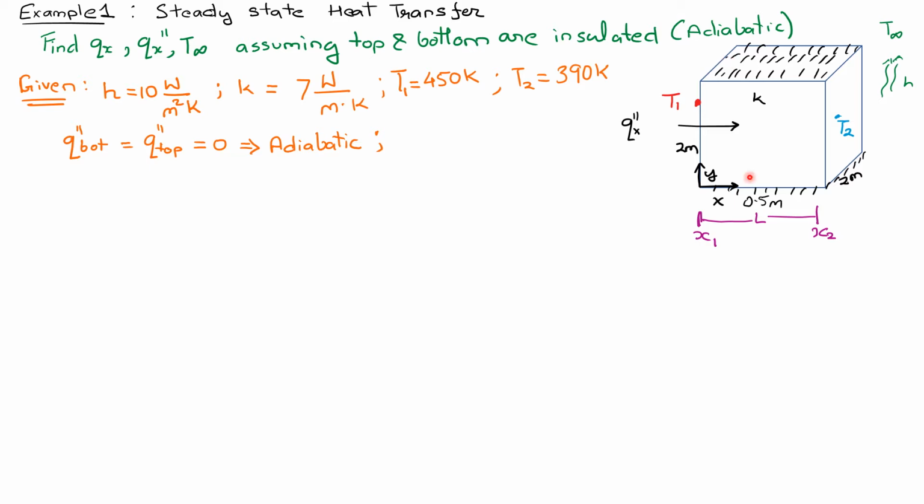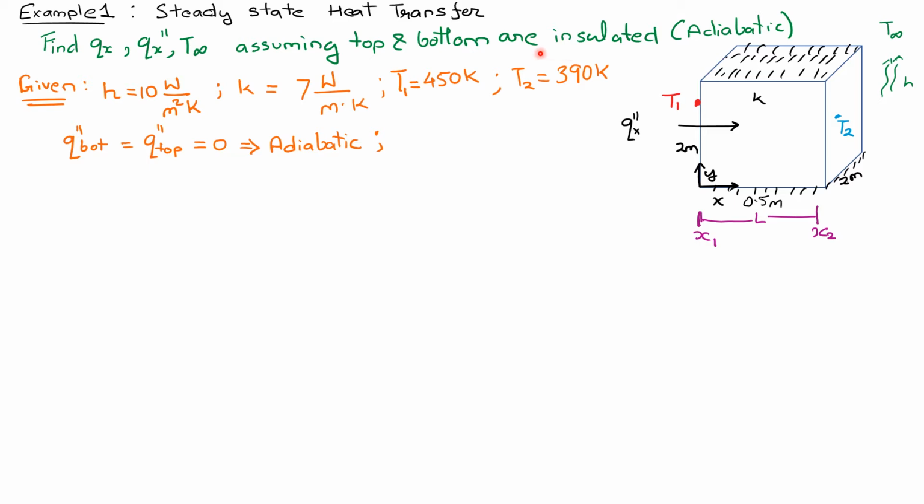And what we've assumed is that the top and the bottom surface of this particular cuboid are insulated. That means they are adiabatic surfaces, so there's no heat transfer taking place across those surfaces.